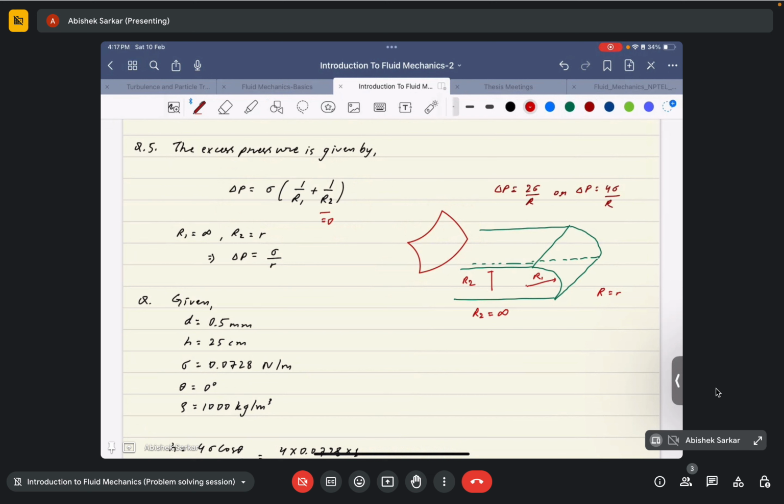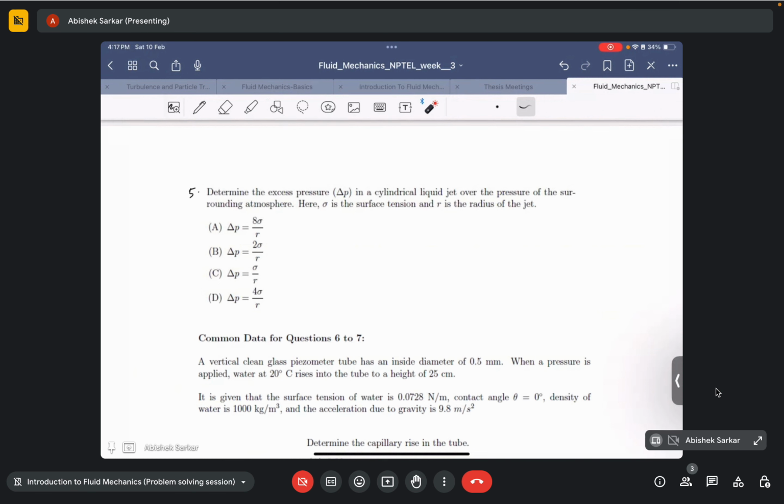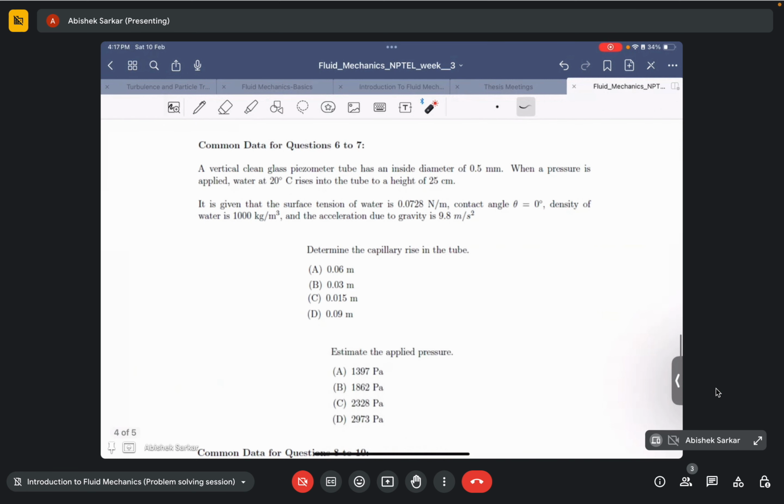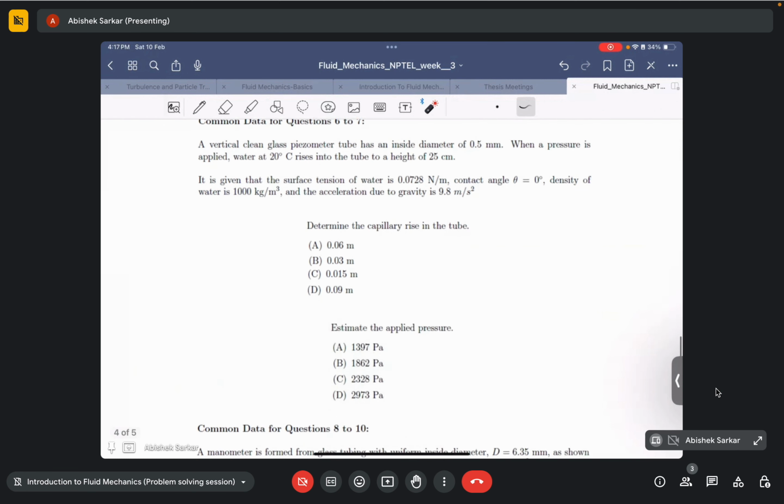If we take r1 equal to r, then delta P would become sigma by r, from this expression. I hope it is understood. Okay, thank you. Now we go on to see the next questions.